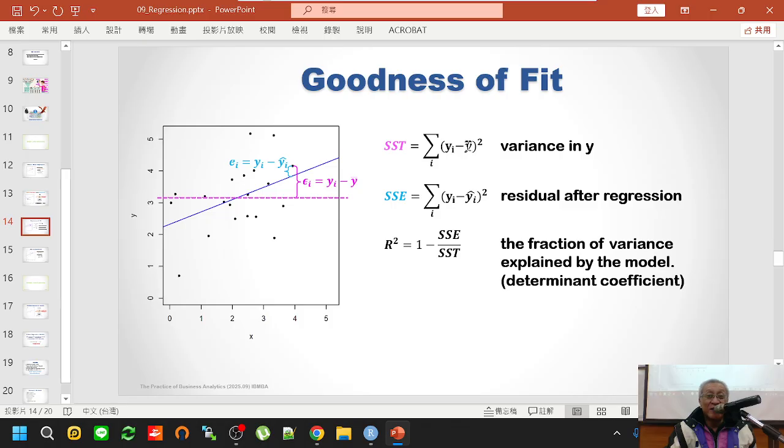This is Y, and this is the average. So the sum of square total is the sum of squares, this is the summation, of these deviations.